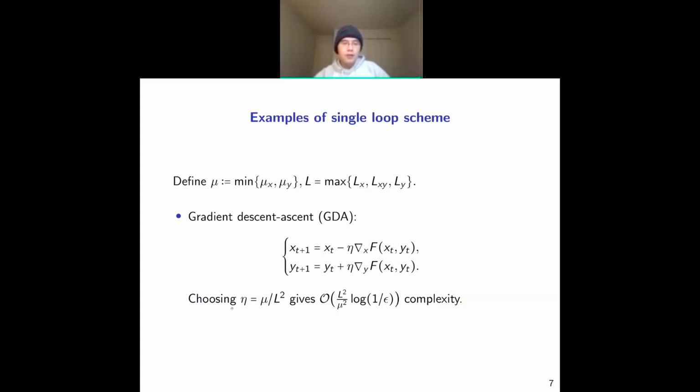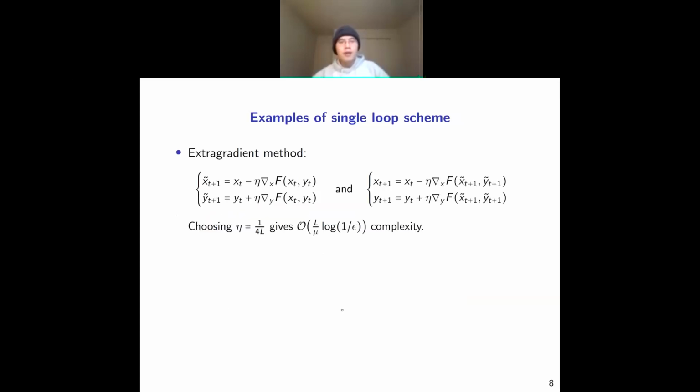Then if we choose a proper step size of this order, you'll have the L squared over mu squared iteration complexity upper bound for finding a solution that has a duality gap less than or equal to epsilon. So for this algorithm, it is not optimal, and this L squared over mu squared dependence is actually quite bad.